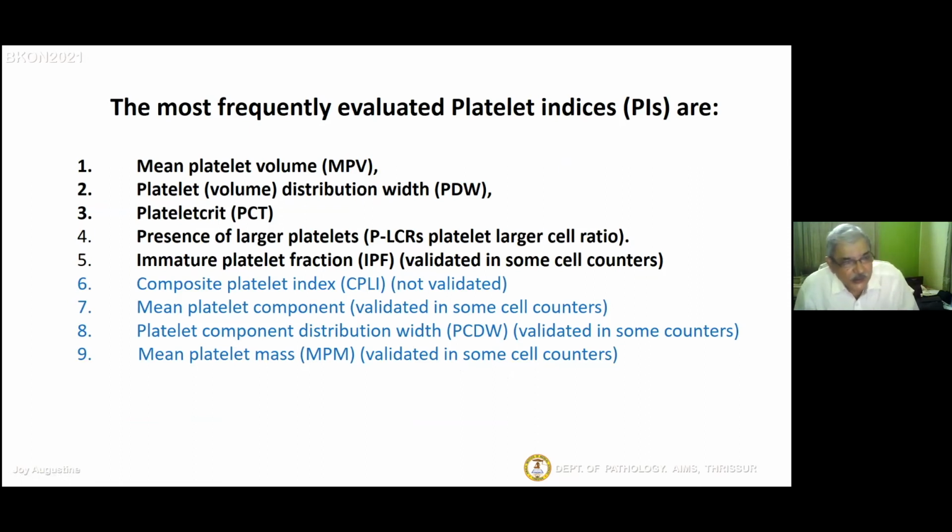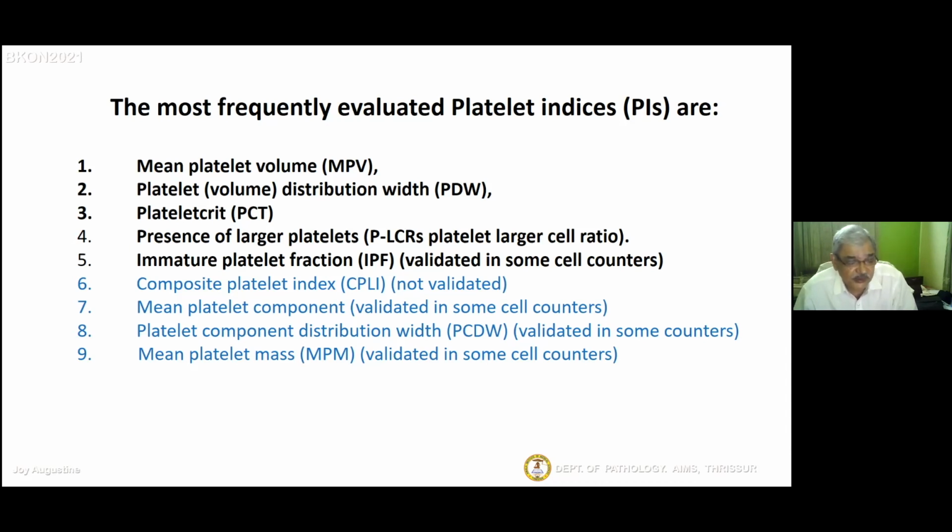What I mean by validated is that it can be taken as a diagnostic finding. It's a reportable parameter, while the others are not, technically speaking, reportable parameters. But of course, it has been validated in some of the cell counters. Some machines have got it, but some do not. But the first 5 you generally see in most of the cell counters.